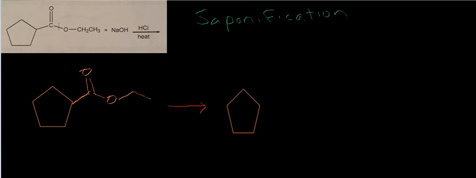It's not exactly a carboxylate, but it has this sodium group attached to it, okay? Plus your CH2, I'll write out, CH3 group is attached to that hydroxyl group, okay?